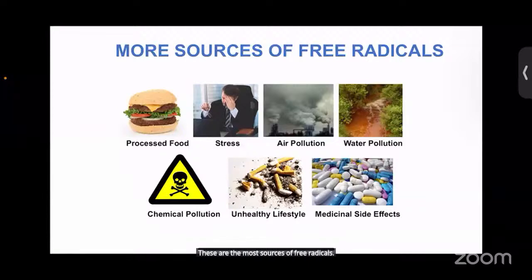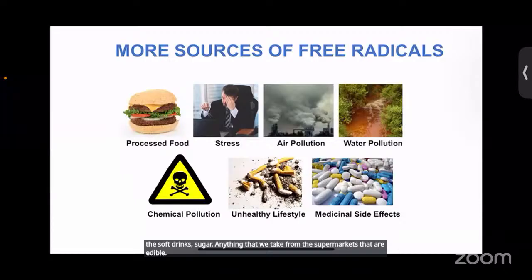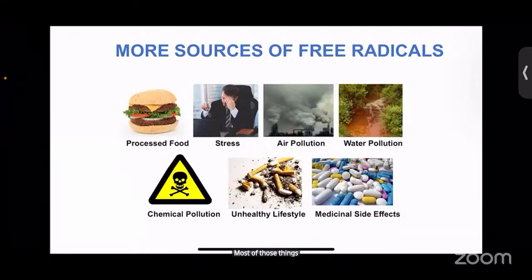So as you can see, these free radicals we cannot avoid, and these are the main sources of free radicals. For example, processed food: everything that we eat that is processed, including soft drinks, sugar, anything edible that we take from the supermarkets. Most of those things are processed.